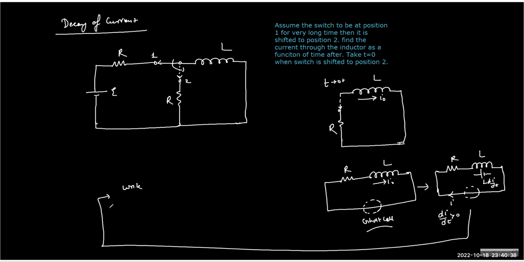So you will slow down. Slowing down here means the current will decrease. So L dI by dt is equal to I R. It's minus I R.